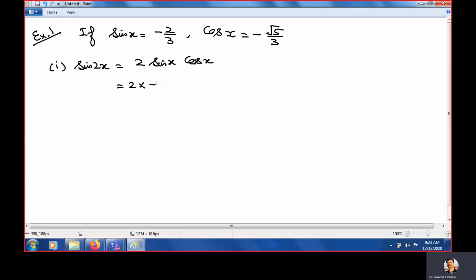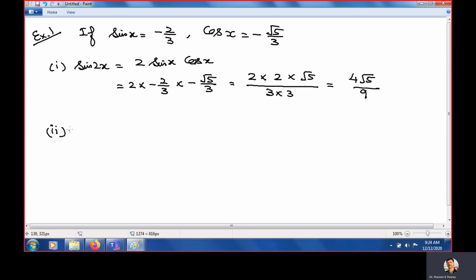Sin x is minus 2 upon 3 and cos x is minus square root 5 upon 3. Minus minus is plus. So we can write 2 times 2 times square root 5 upon 3 times 3. Minus minus is plus, so how much is it? 4 square root 5 upon 9.